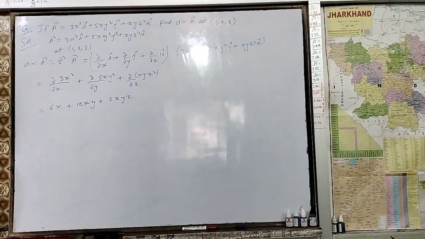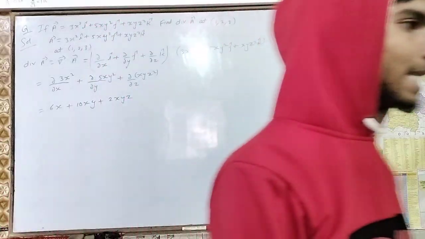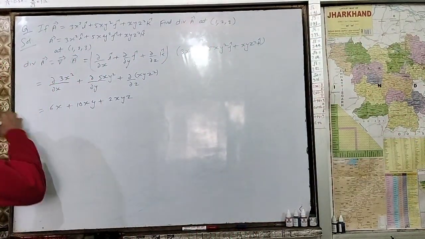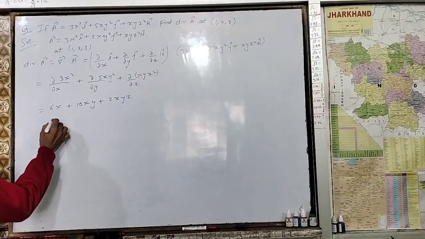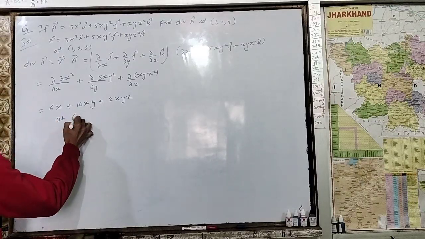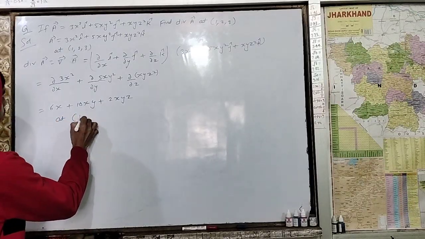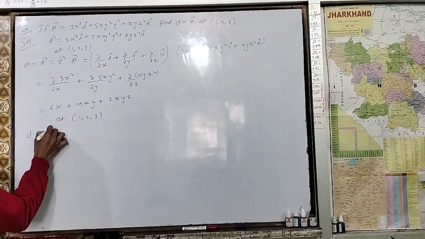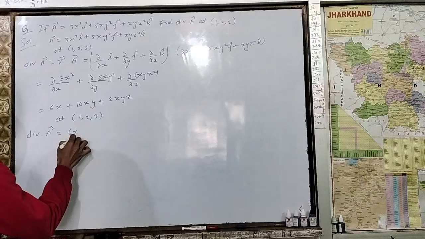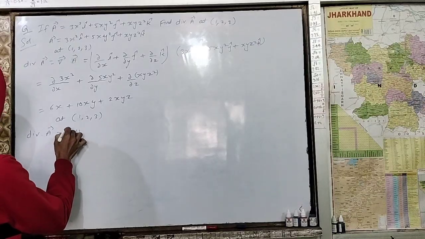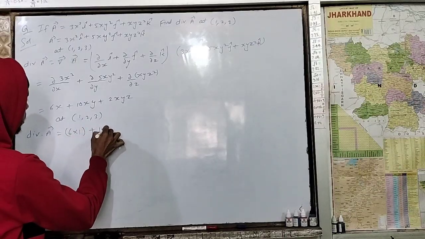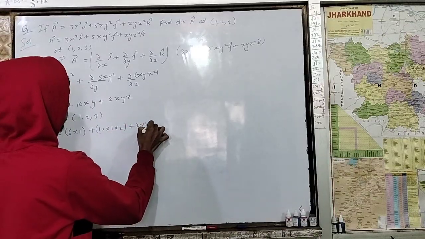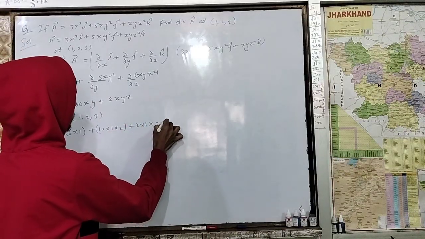Now your work is to substitute the values of x, y, z and then see what magnitude you are getting. This is nothing but at 1, 2, 3. Divergence dot A will be 6 multiplied by 1 plus 10 multiplied by 1 multiplied by 2 plus 2 multiplied by 1 multiplied by 2 multiplied by 3.